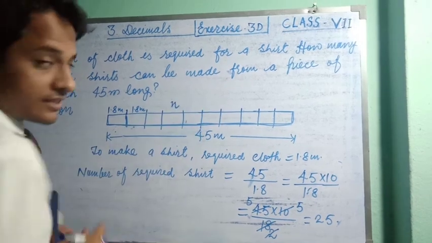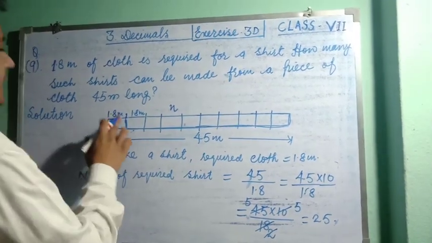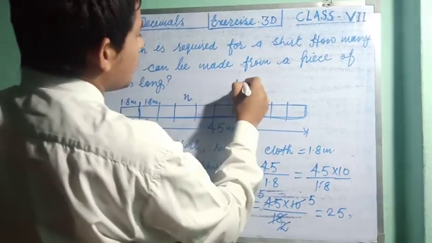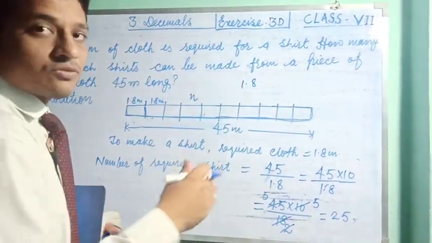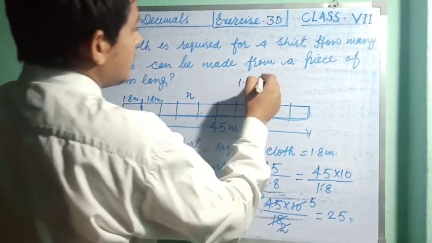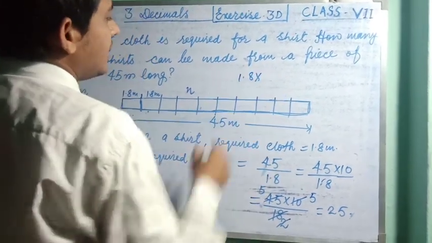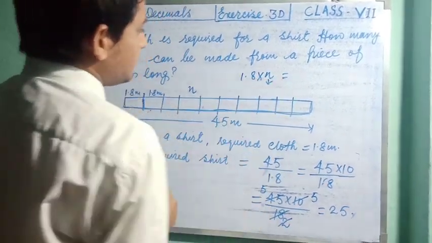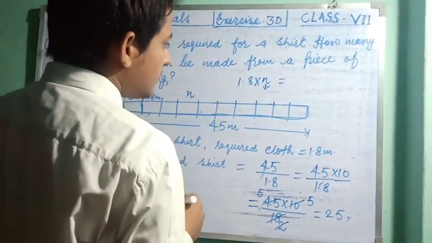Suppose this is n pieces. That means 1.8 meter will go up to n times. We can write 1.8 plus 1.8 plus 1.8 up to n times, or in multiplicative form, 1.8 multiplied by n, where n indicates the number of shirts.